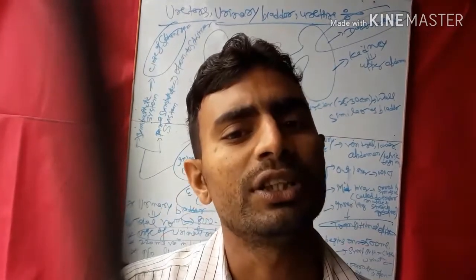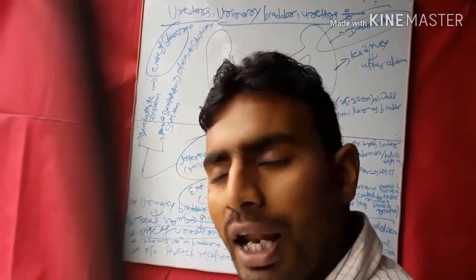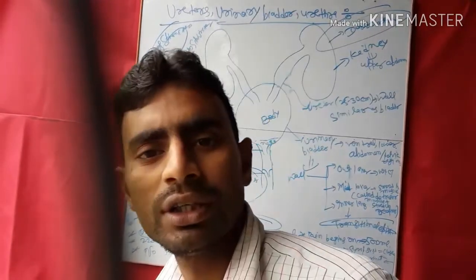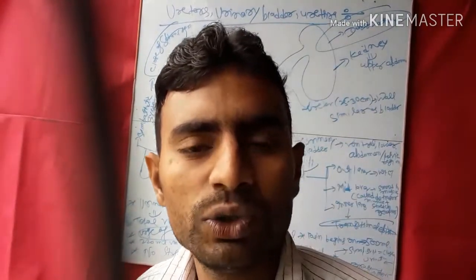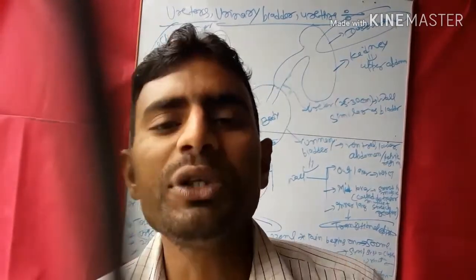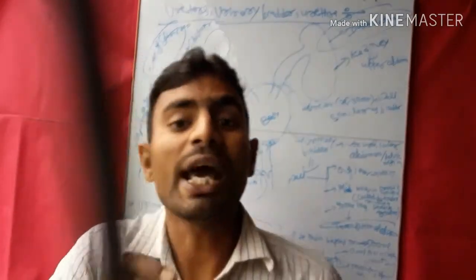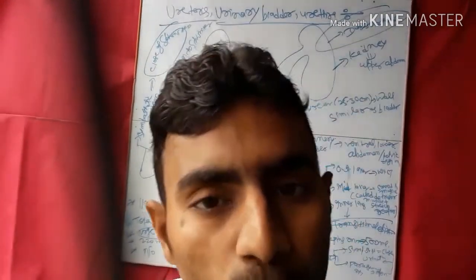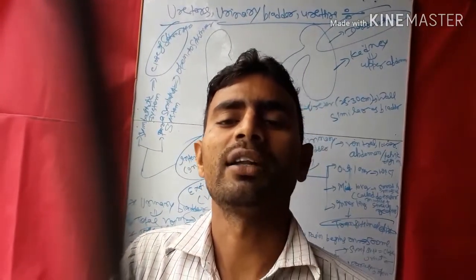The inner side sphincter is called the inner urethral sphincter, and the outer side sphincter is called the outer urethral sphincter. It is necessary to know that the inner sphincter is involuntary and the outer urethral sphincter is voluntary.